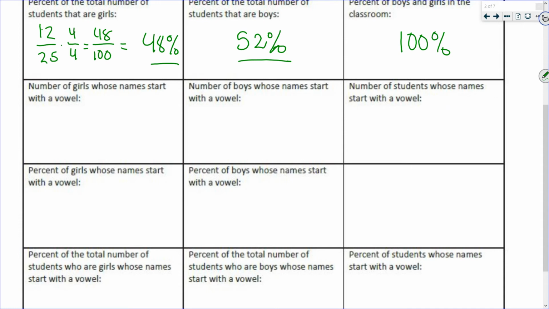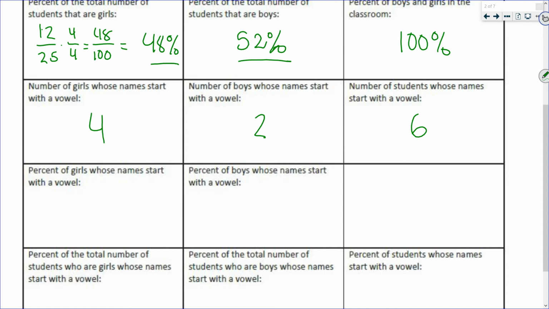Not every one of us starts with a vowel. Now remember, vowels are A, E, I, O, and U. Okay? So we're going to say that only 4 girls in the classroom have a name that starts with a vowel. The boys, we only have 2. Okay? Eric and Evan. All right, so the total number of students whose names start with a vowel, well, that's 6. So let's go back.